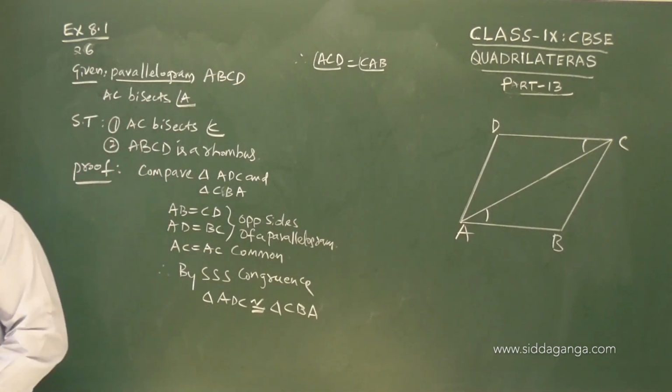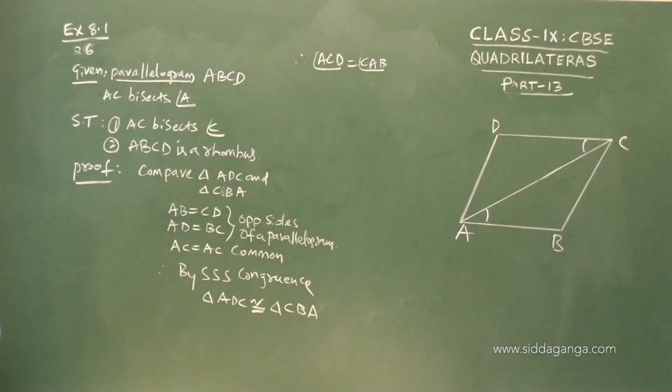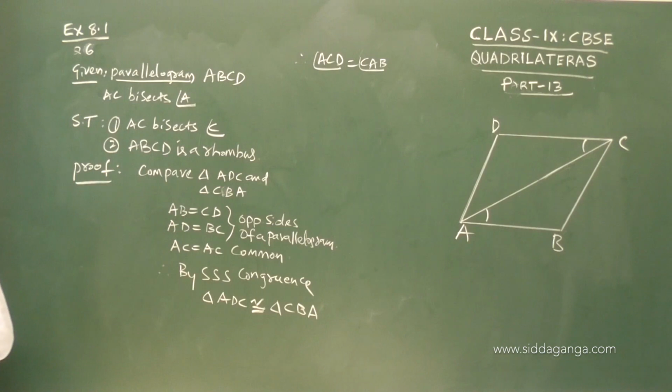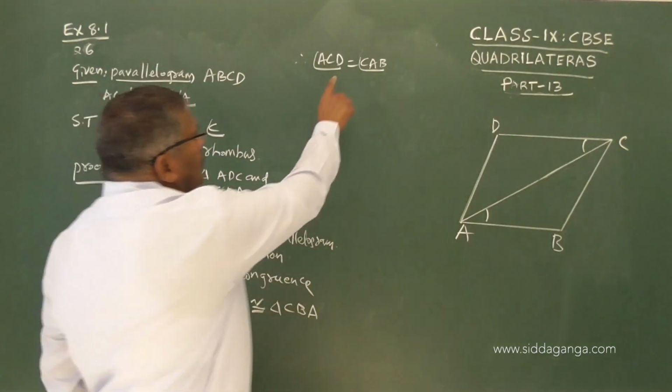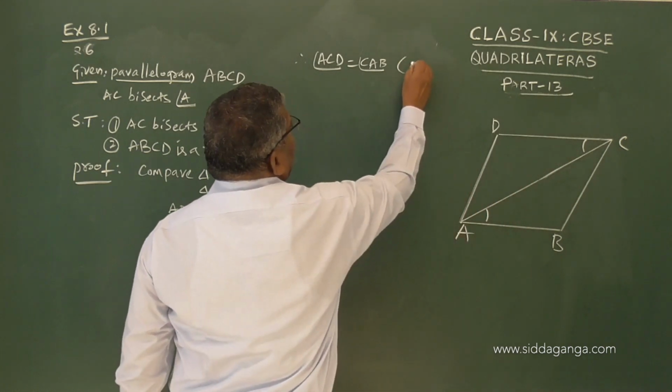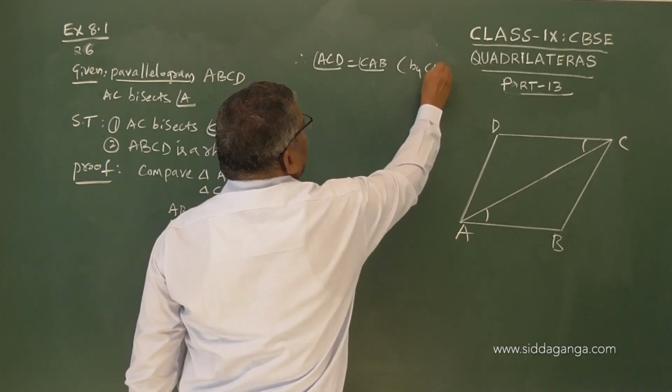They are corresponding angles. Why are they equal? This is by CPCT. These two are congruent, these are corresponding angles, therefore by CPCT.